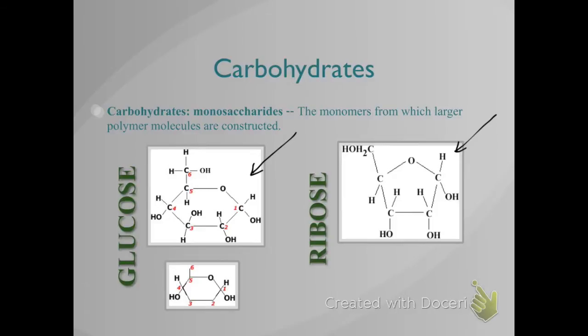Both of these are carbohydrates. Both of them are a ring structure, and both of them can bond together to form polymers or polysaccharides, which are basically just more than one saccharide combined together. There's also simple disaccharides, which would be 2 monomers of a carbohydrate bonded together.